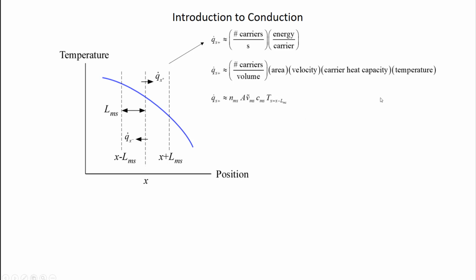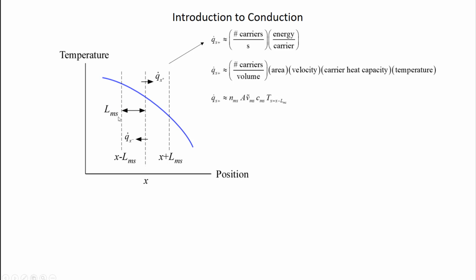So the thing to look at next then is this temperature. This temperature is the temperature at which my energy carrier experienced its last collision, right? So this is the temperature at x minus l_ms, right? These energy carriers are moving from left to right. This energy carrier crossing this plane right here came from someplace over to the left of the plane, where it experienced its last collision with some other energy carrier.